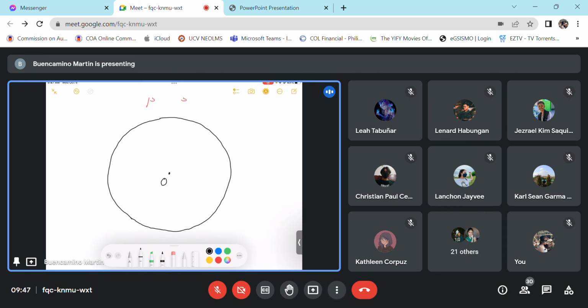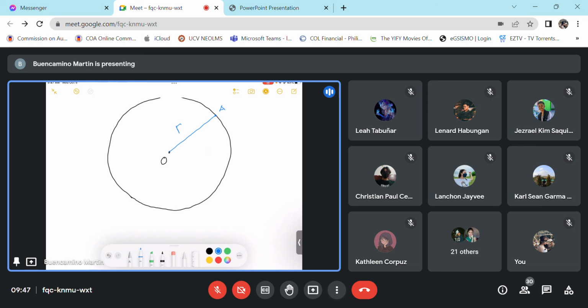Now, if I'm going to draw a straight line emanating from point O, and this line intersects a point on the circumference of the circle at point A, I will call this the radius of the circle.